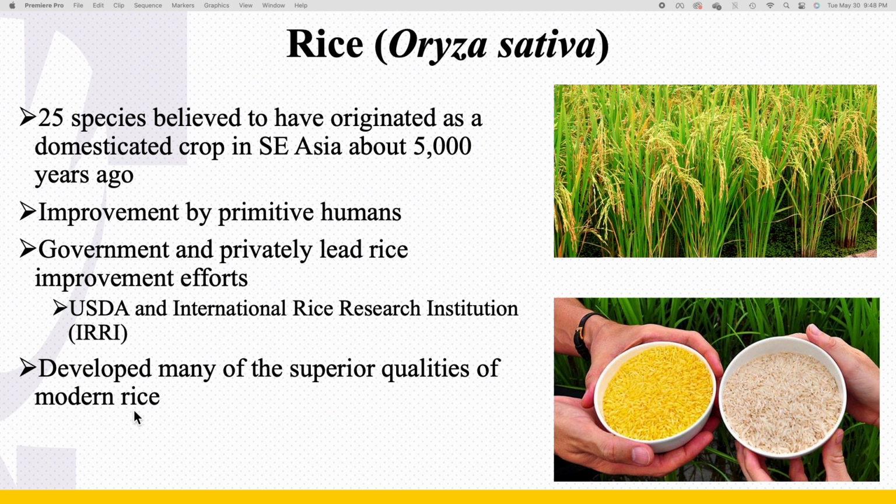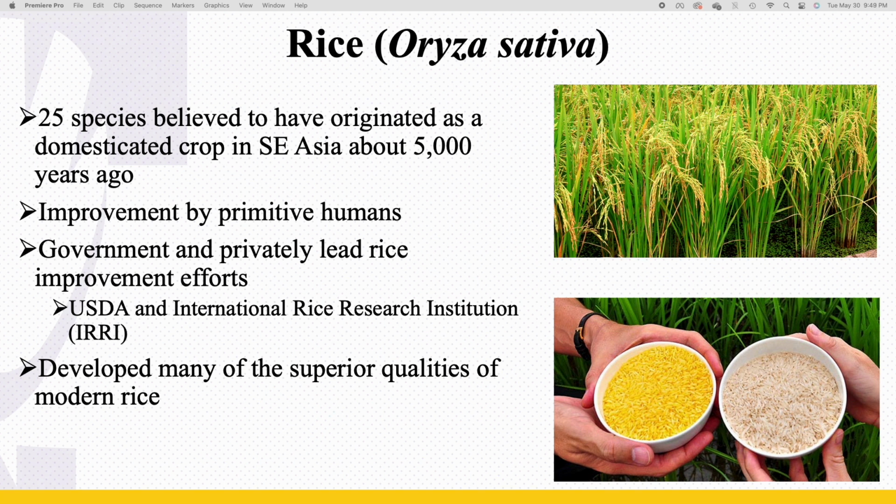Next is going to be rice. As I mentioned before, we have this golden rice that we've developed. They're starting to develop more disease and herbicide resistant varieties so that they don't have as much of the weed pressure or the disease pressure for these rice cultivars. And so rice and wheat are like the two top grown crops as far as a food staple goes.